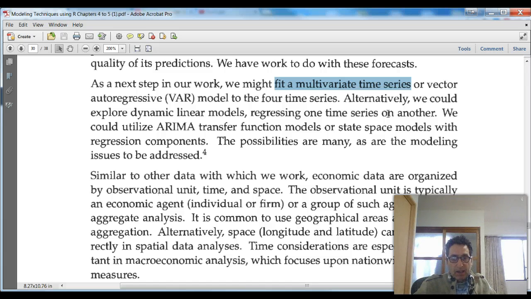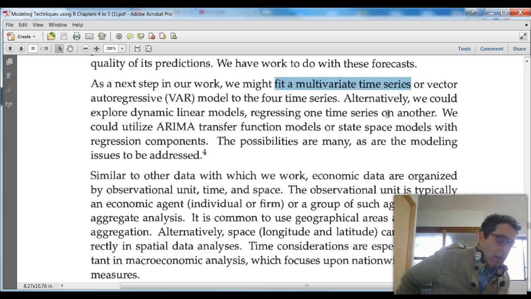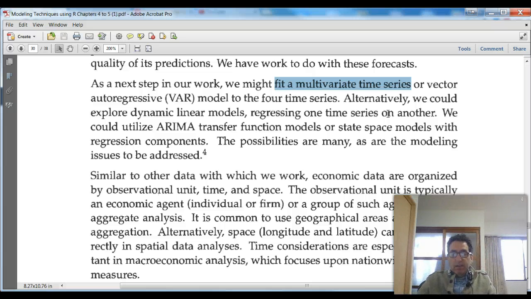I think we've talked about that in general for regression, and here the input would be a time series, and we could utilize ARIMA even there, and that package that we use actually allows us to do that.